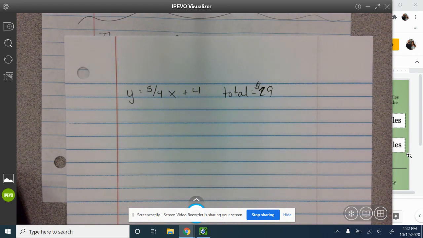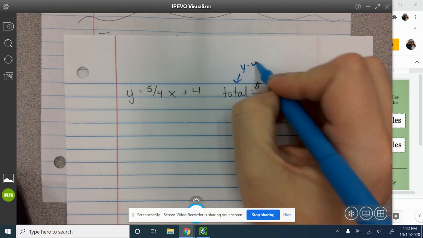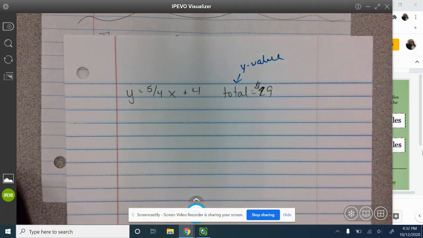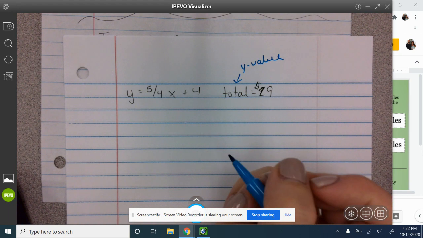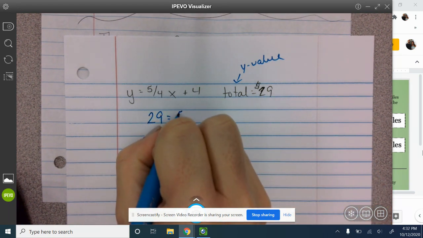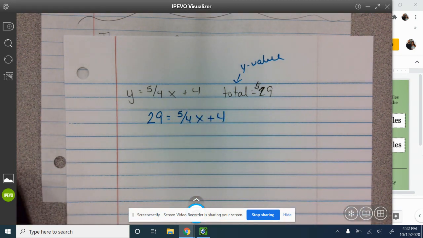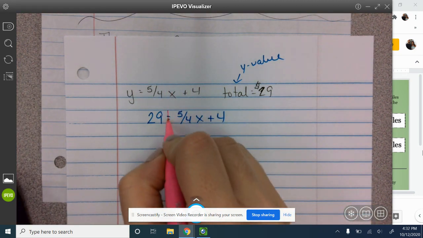Your total amount will be your y value, so that we can plug in and solve how many miles the cab drove. So we're going to have 29 equals 5/4 times x plus 4. So it's a two-step equation.